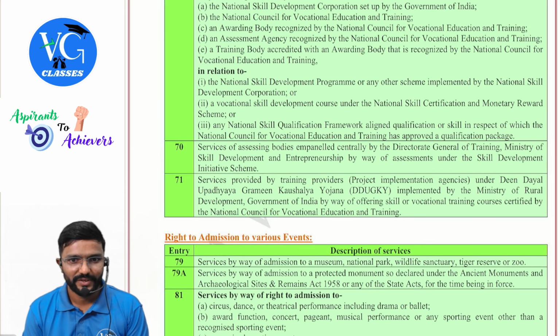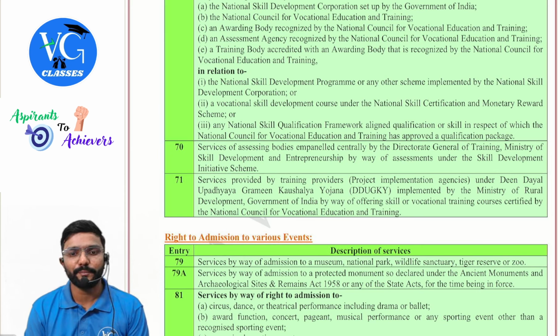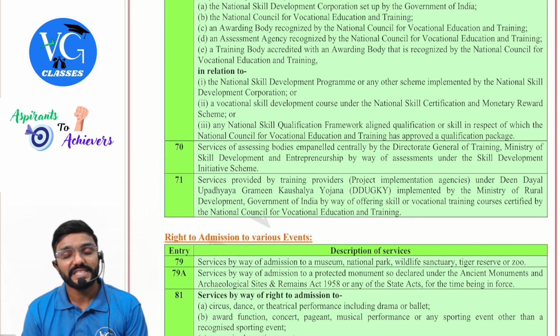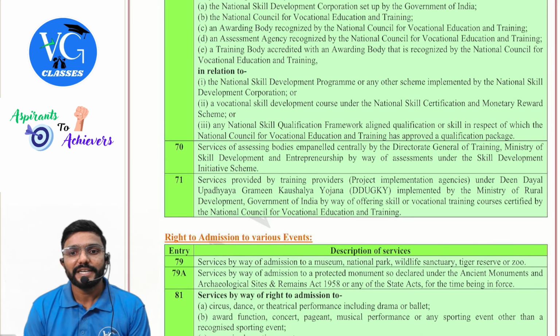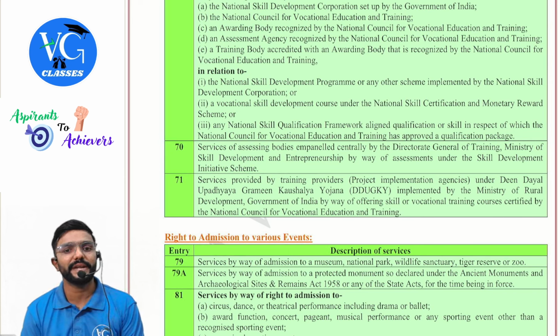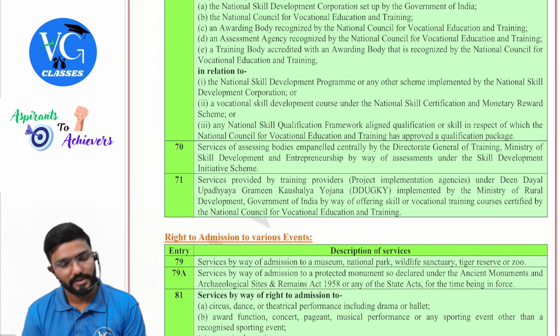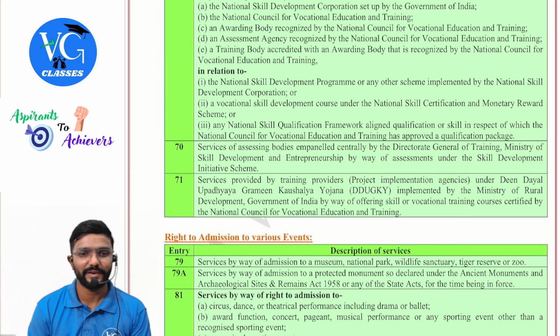Next, entry 70. Services of assessing bodies empaneled centrally by the Directorate General of Training, Ministry of Skill Development and Entrepreneurship, by way of assessment under the Skill Development Initiative Scheme. Last one, entry 71.